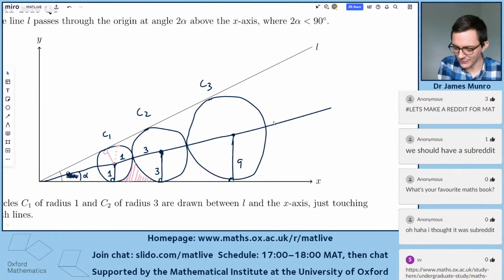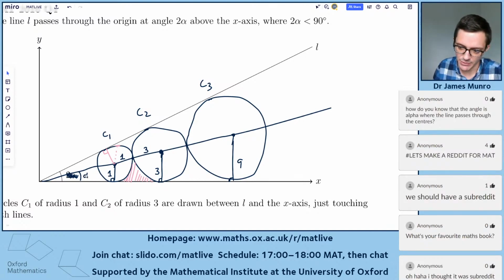Oh, how did I know that was alpha? Yeah, this is a good question. How do I actually know that's alpha? It's because of similar triangles. Am I going to get away with this? No, I'm probably not. There's a circle theorem that says the distances made by tangents through a point are equal. So here I've got my two tangents to circle C1.